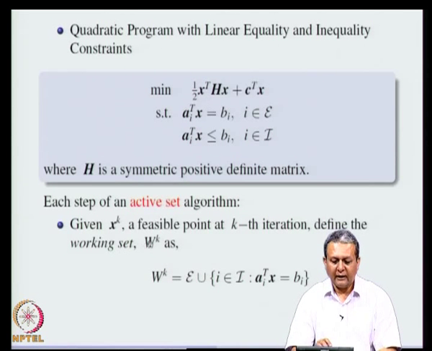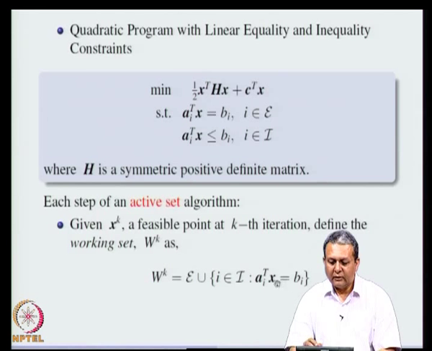So, if you are given xk, a feasible point at the kth iteration of the algorithm, then the working set associated with xk will be denoted by Wk, and it is defined as the set of all equality constraints and the set of all inequality constraints which are satisfied with equality. So, we collect all inequality constraints and find out which constraints are satisfied with equality as far as the current point is concerned.